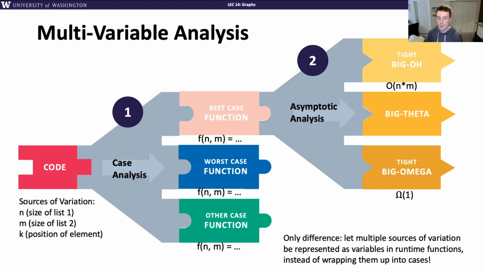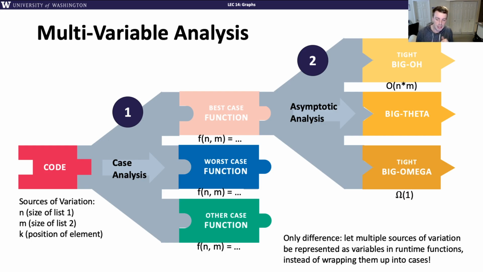input cases. All that's really going to change is what we come up with in terms of our runtime functions. Remember, before I told you that a runtime function had to have a single input n, and it would output the number of steps it would take for any input, whatever that input n is. Now, when we have multiple variables that we can easily change around, we can extend this notion of the runtime function to be a function that takes multiple variables.